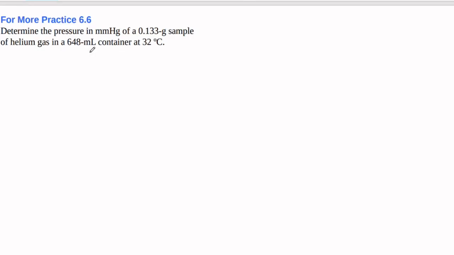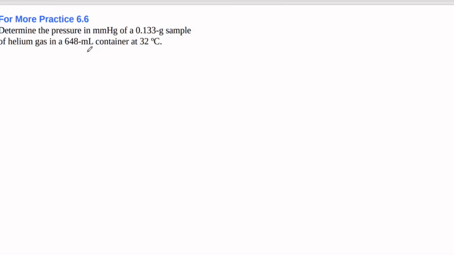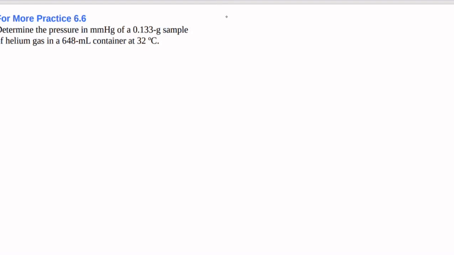I have one more of these problems in this section. Determine the pressure in millimeters of mercury of a 0.133 gram sample of helium gas in a 648 milliliter container at 32 degrees C. So we just need to make sure everything is in our units.